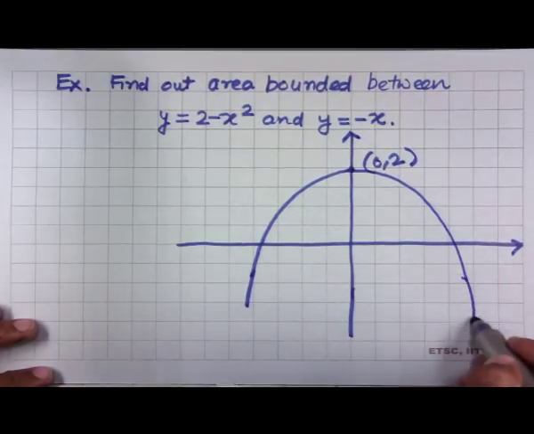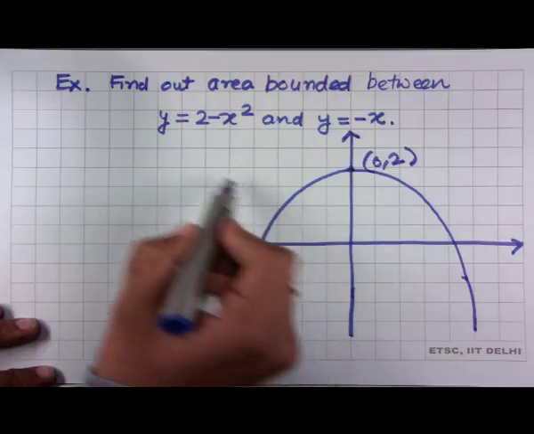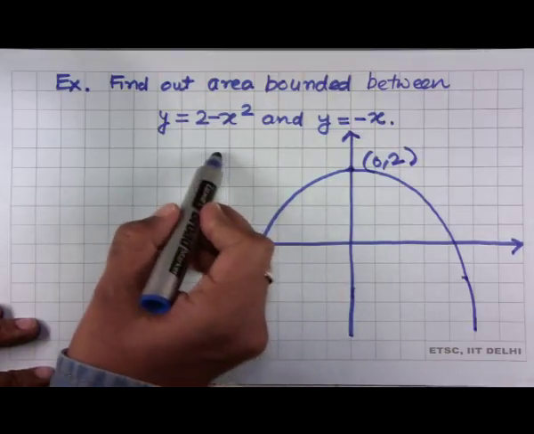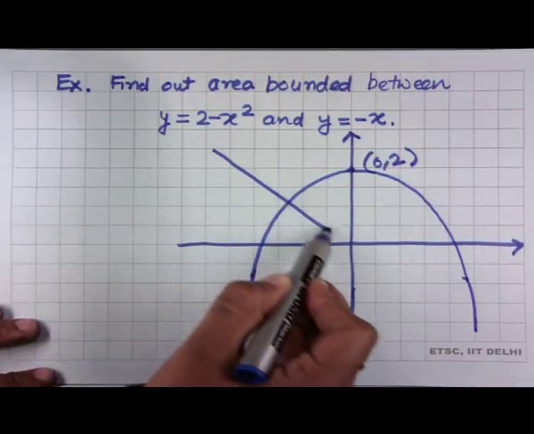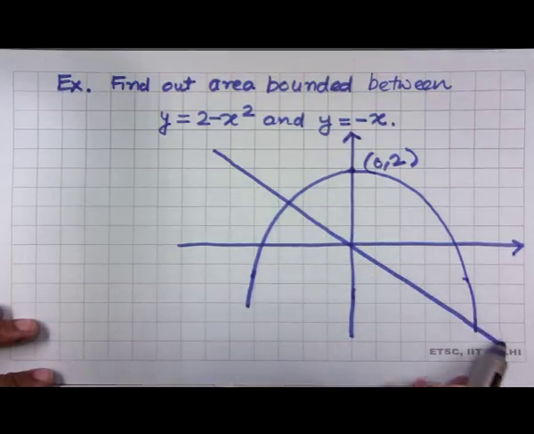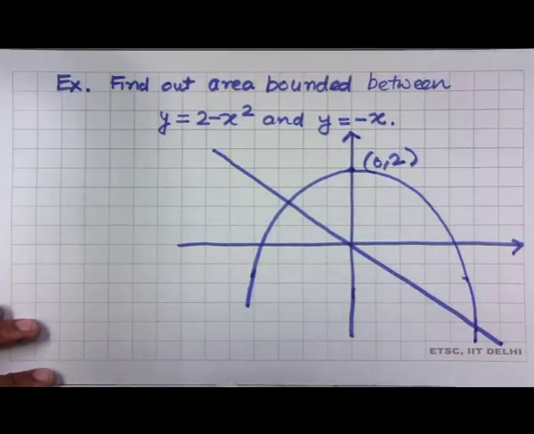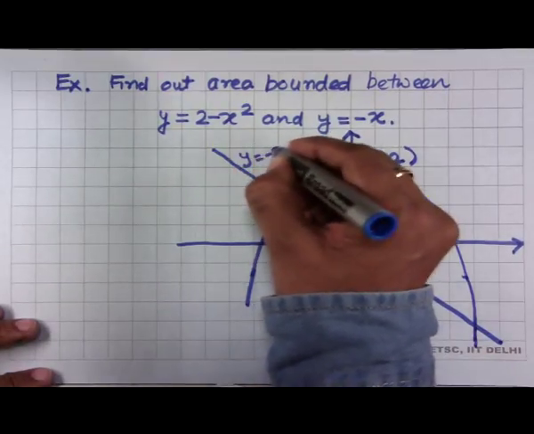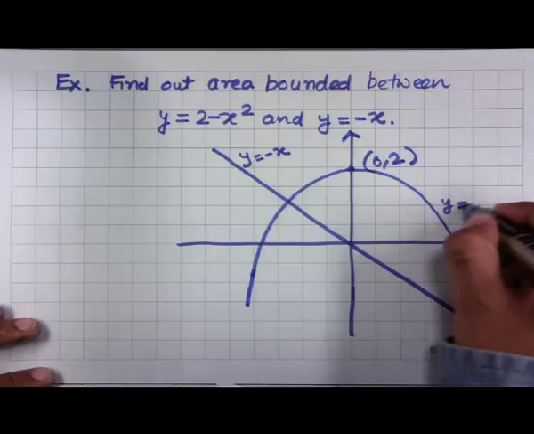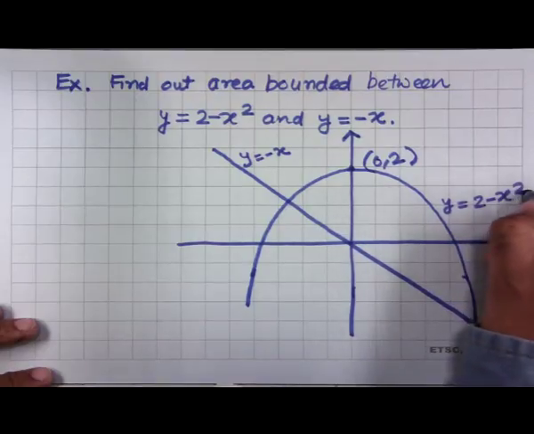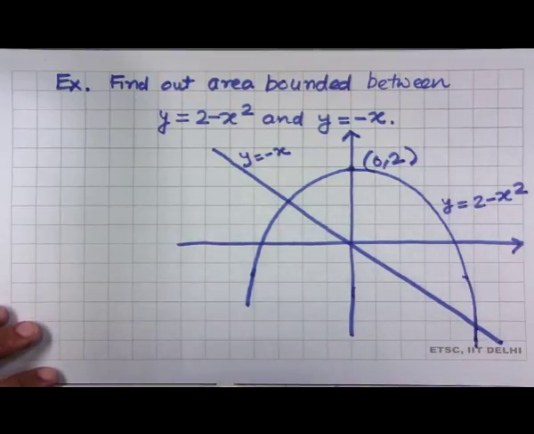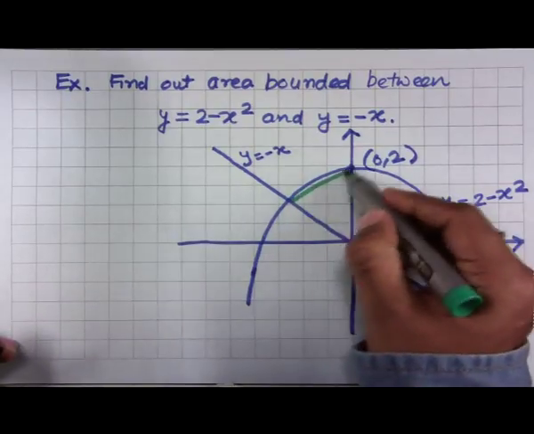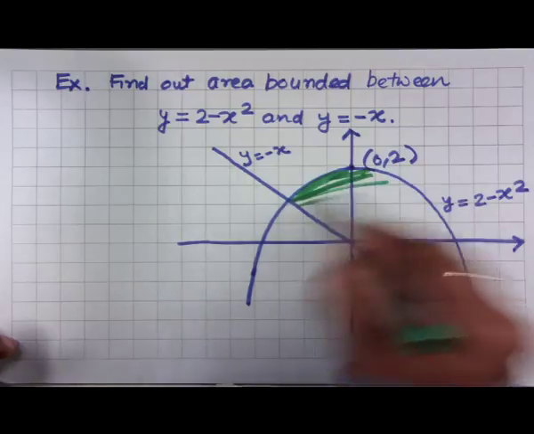Now, y equals minus x is a straight line with the gradient minus 1. So, you get this y equals minus x, and this is y equals 2 minus x square. So, the area bounded between them will be this.